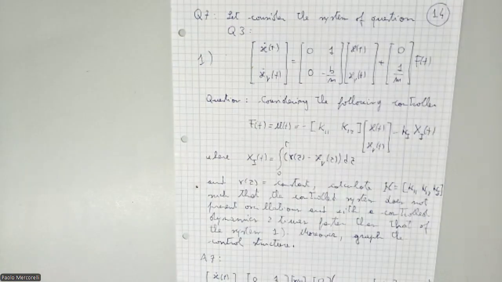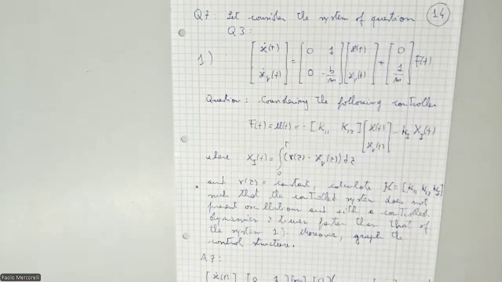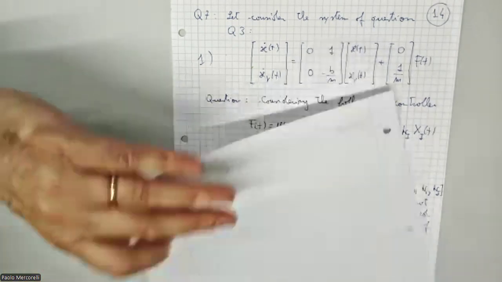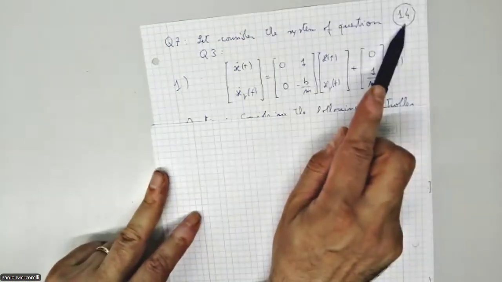Okay, let me now speed up a little bit. Not much. One second. I repeat it for you. Yes, this is in the slide from another lecture. Forget this page number 14.